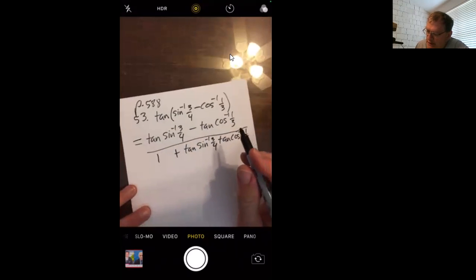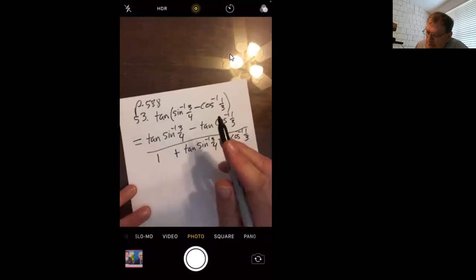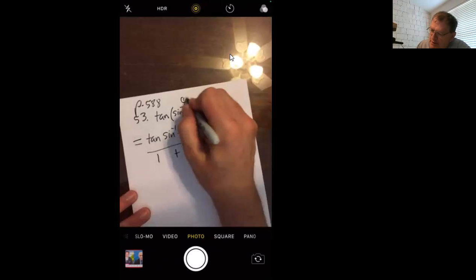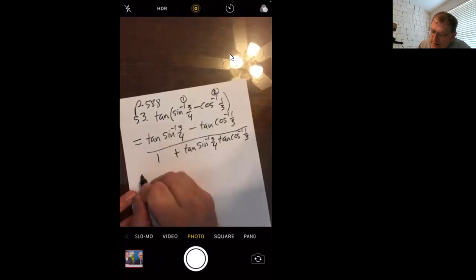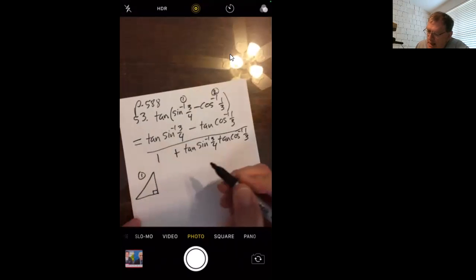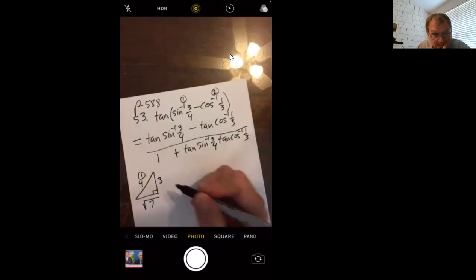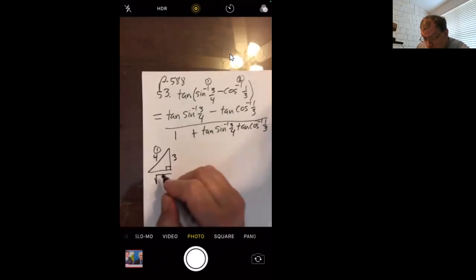All right, we are going to need a triangle. Call this piece 1, piece 2 for piece 1. And arc sine of 3/4, that'll put 3 here, 4 on the hypotenuse, making this a square root of 7, I believe. 16 minus 9 is 7, square root.